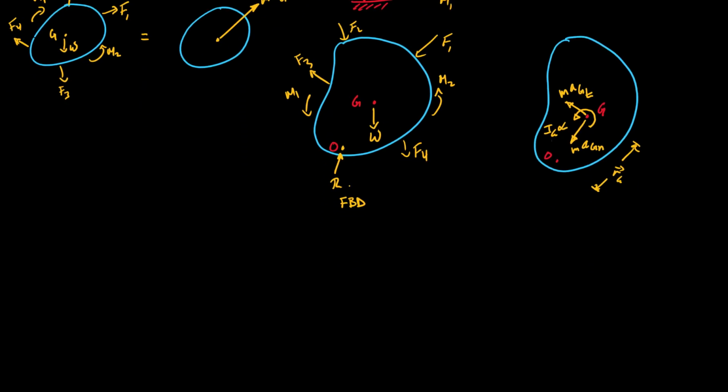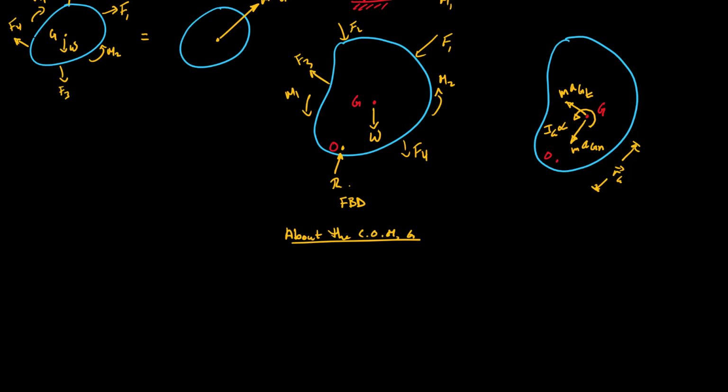So expressed in terms of the mass, about the center of mass, G. Again, we have the sum of the forces is equal to the mass times the acceleration at the center of mass. But now we're just in a different coordinate system.